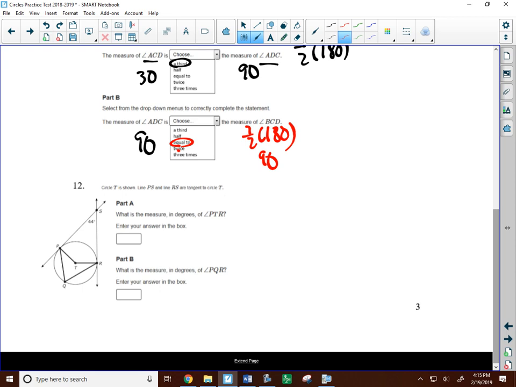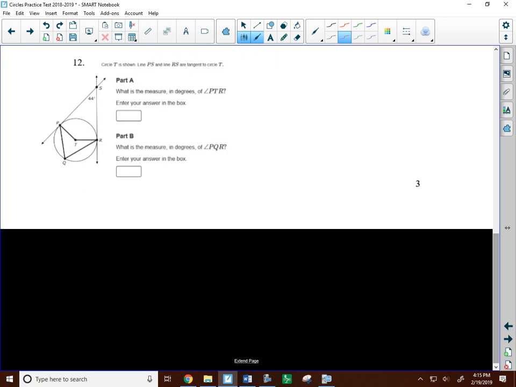Let's finish on page 3. This is actually kind of similar to a little bit of 10, some of 11. It's comparing central and inscribed angles here. It's a good one. What is the measure of angle PTR? Well, here they even say PS and RS are tangent. So they tell us directly. Well, this is a radius, PT, therefore this is a right angle.